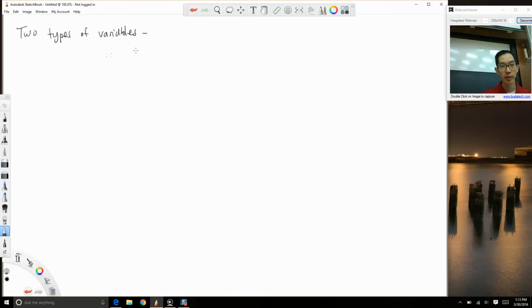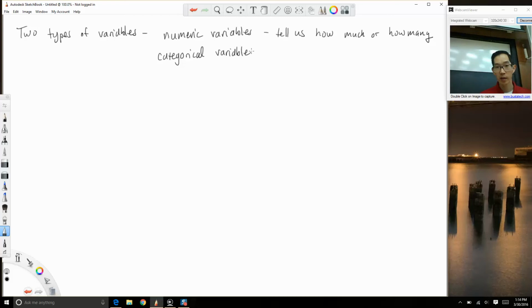We have numeric variables, which tell us how much or how many, and we have categorical variables, which tell us what type or what kind.